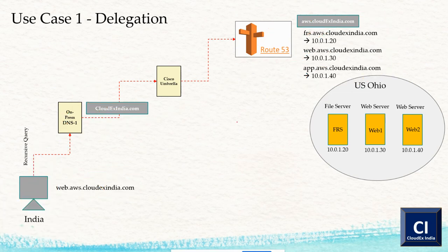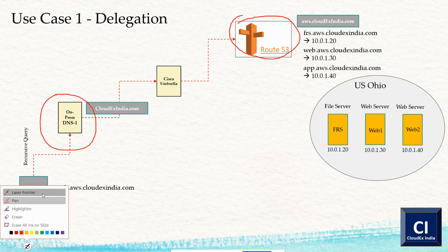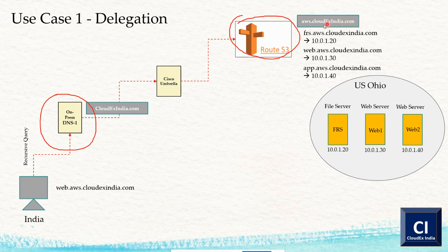The second use case, so what name should I use? Since we are talking about two structures, one is my on premises and the other one is my Route 53, in this case, I will keep the same parent name like cloudxindia.com, but create a subzone, AWS. So AWS will be a child, .cloudxindia.com will be the parent.